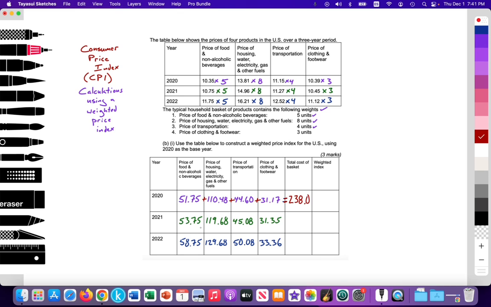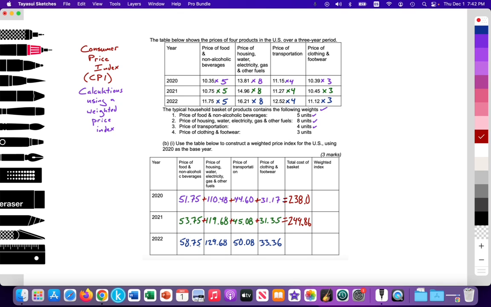Go ahead and pause the video and calculate the total cost of the basket for 2021. Go ahead and pause now. All right, so let's check your work. $53.75 plus $119.68 plus $45.08 plus $31.35 should equal $249.86, the total value of the basket of goods and services in 2021.